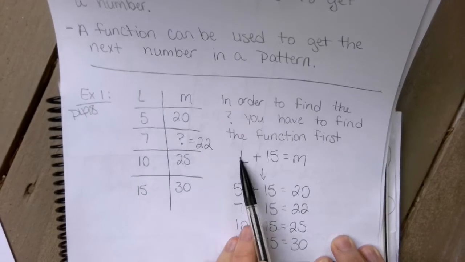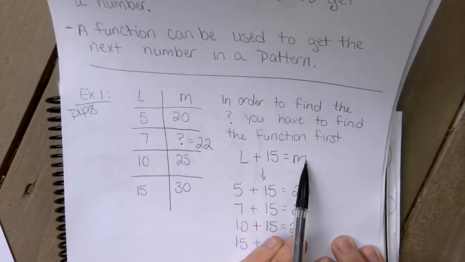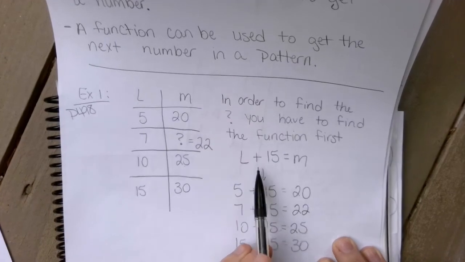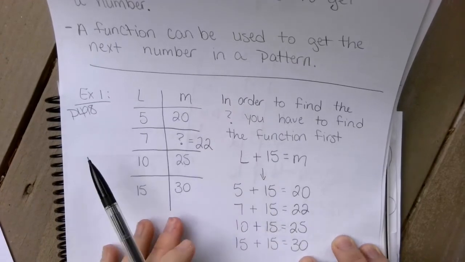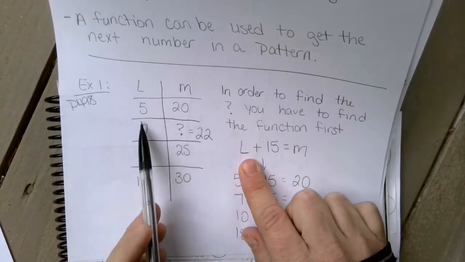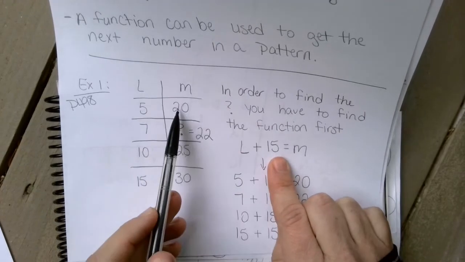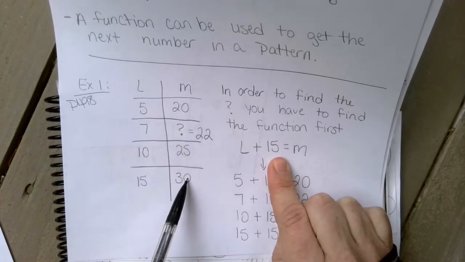Now, this formula right here is one that I had guessed, and it happened to work because this is the pattern. So, any L number that you add 15 to gives you the matching M number.